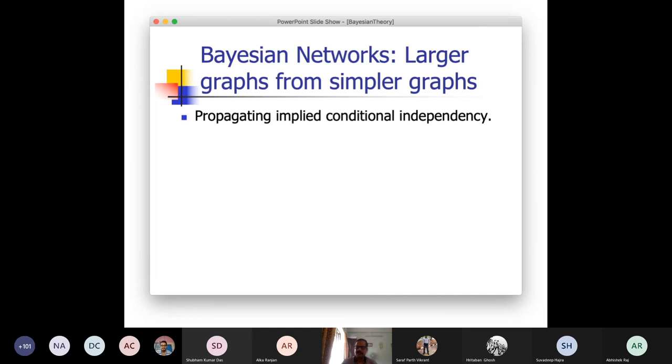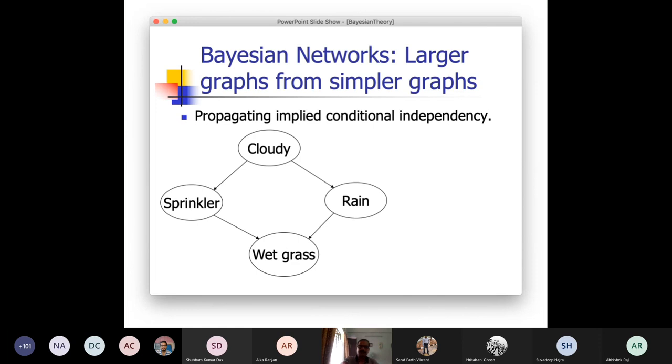If you consider a large network, you can have a large network by using simpler graphs. This one is not very large, but a bit more complex network. With this structure, we have four random variables.